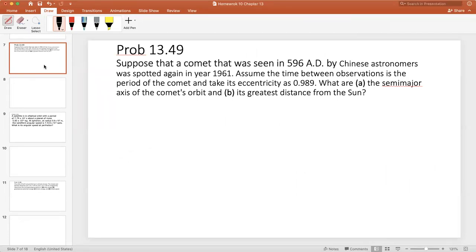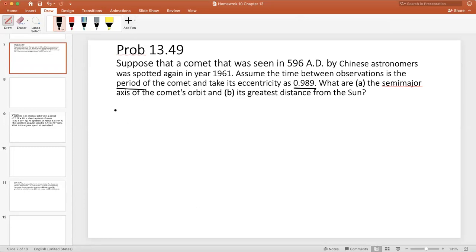So in problem 13.49, we're told that in 1596 AD, Chinese astronomers spotted a comet, and then almost 1400 years later, they spotted it again in 1961. Assuming the time between the observations is the period of the comet, and we take its eccentricity to be almost 1, what are the semi-major axis and what is the greatest distance?